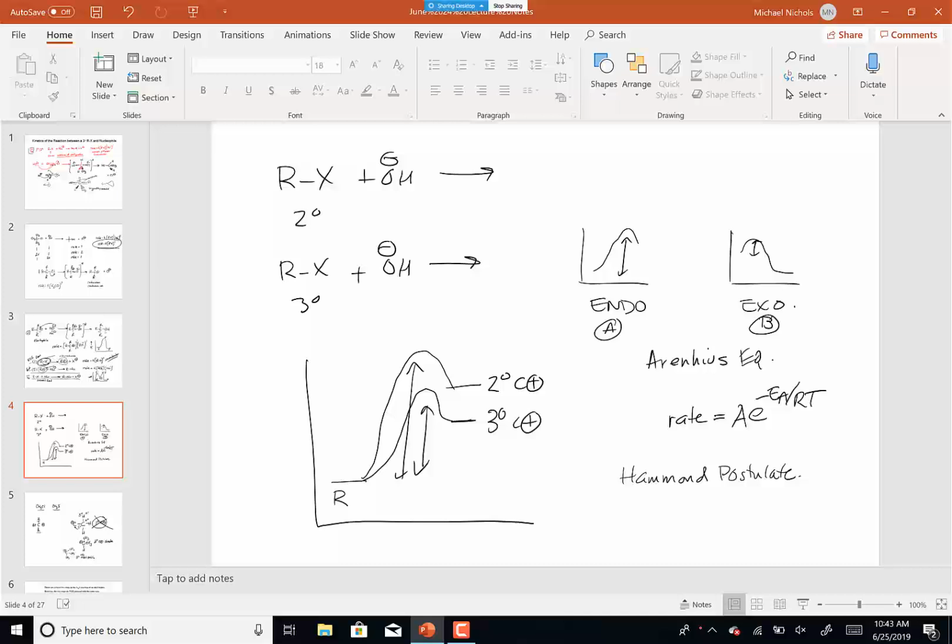So by Hammond's postulate, and the fact that we know a tertiary carbocation is more stable than a secondary carbocation, the tertiary carbocation is going to be formed faster. We all in agreement with that? What was my original question?